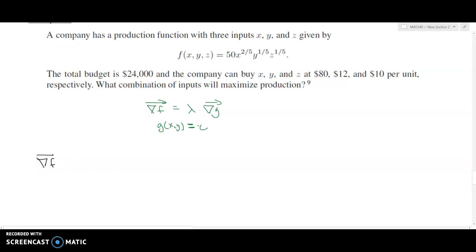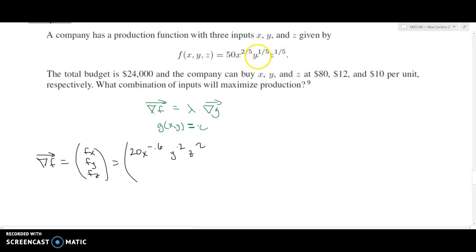And I'm going to go ahead and do that by just putting in the partial derivatives of this function. So the partial with respect to x, the partial with respect to y, and the partial with respect to z are, and again, you could do this with Wolfram Alpha, would be 20x to the negative 0.6, y to the 0.2, z to the 0.2.